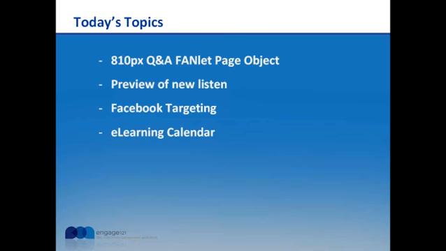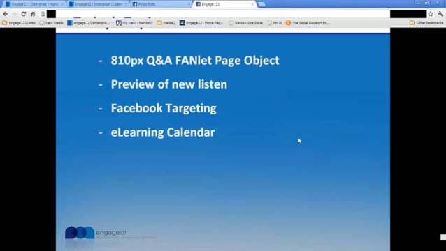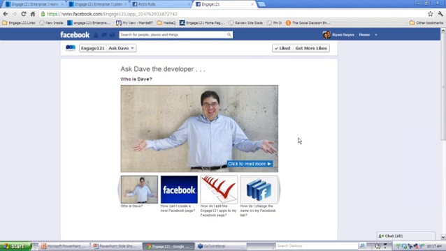So to start, we'll switch over to our browser here, and this is the Fanlet page object that we have widened. So right now we're looking at the existing one. This is what we call in the application Q&A. You might hear us also refer to it as Ask Dave, as that's what we initially launched it on our page as.